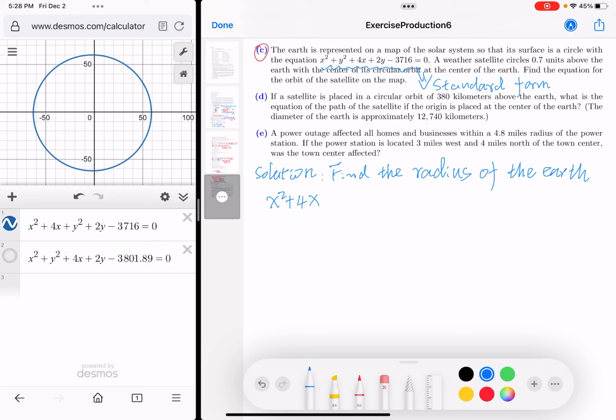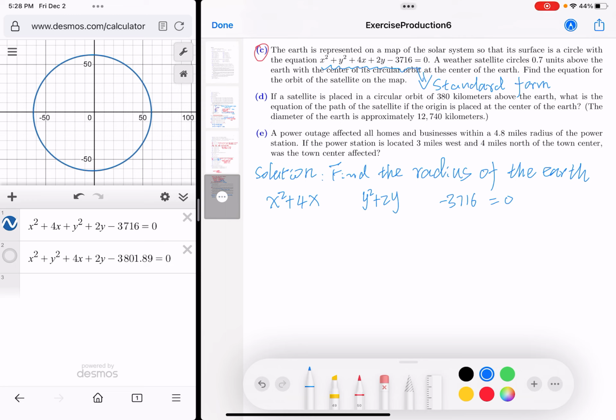So I will copy x squared plus 4x down here, and then I will put y squared plus 2y, and then let me copy this one, negative 3716, equals 0.